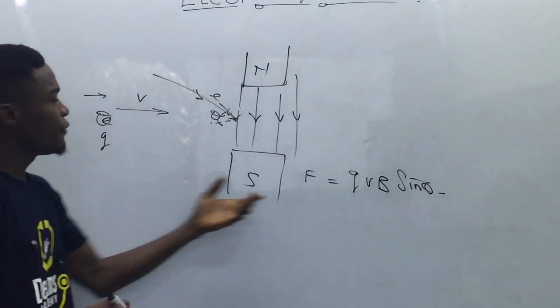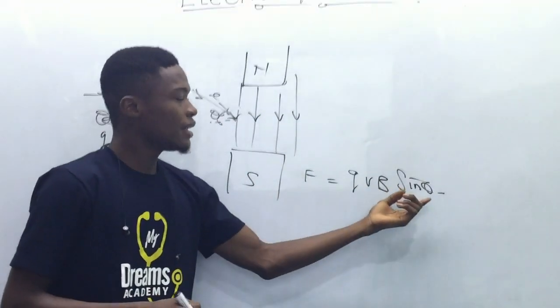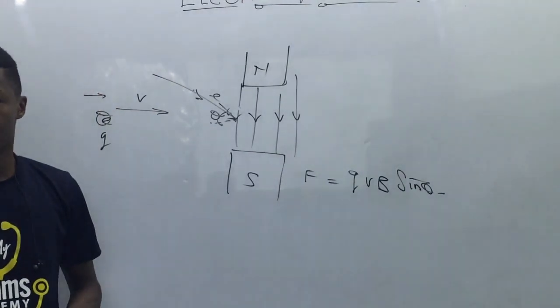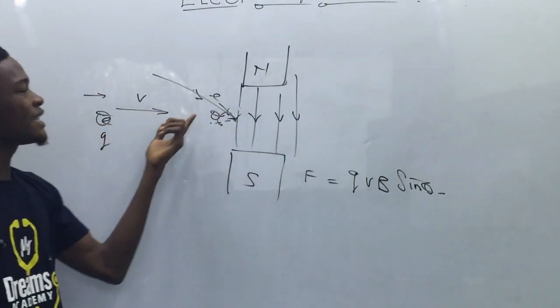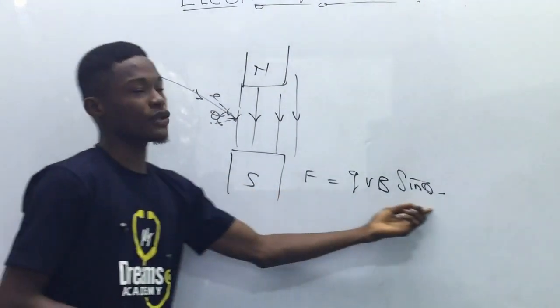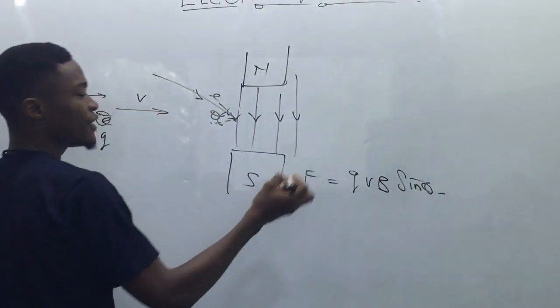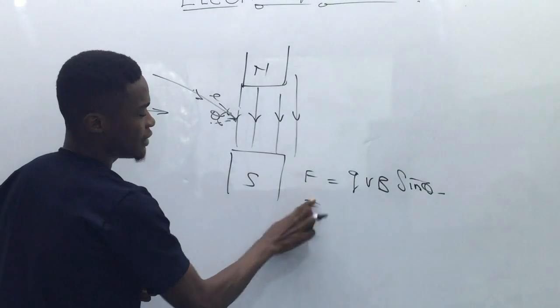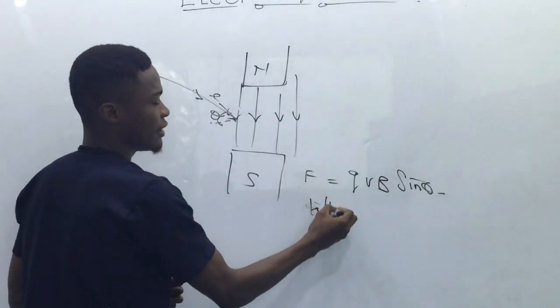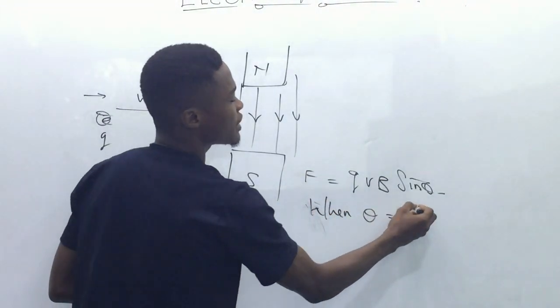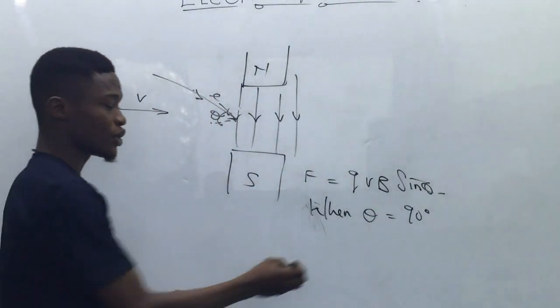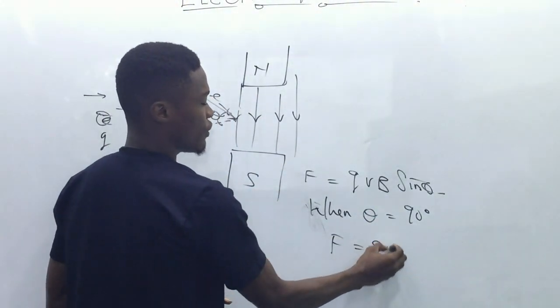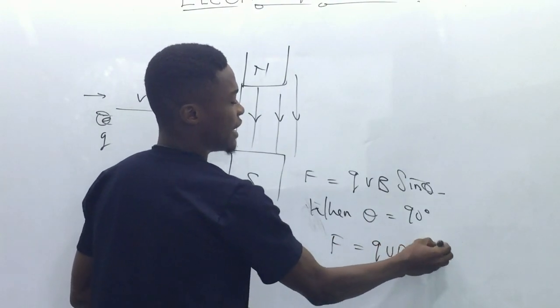Now if you look at this equation, let's see when the force becomes maximum. When we project this charge into the magnetic field at an angle, we are going to have this force. But let's assume that theta equals 90 degrees. When theta is equal to 90 degrees, what will happen to this equation? We're going to have F equals QVB sine 90.